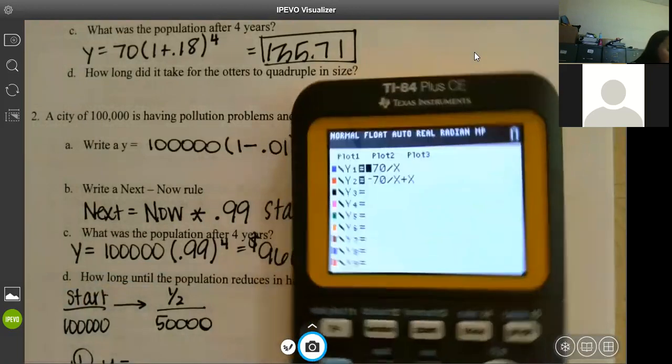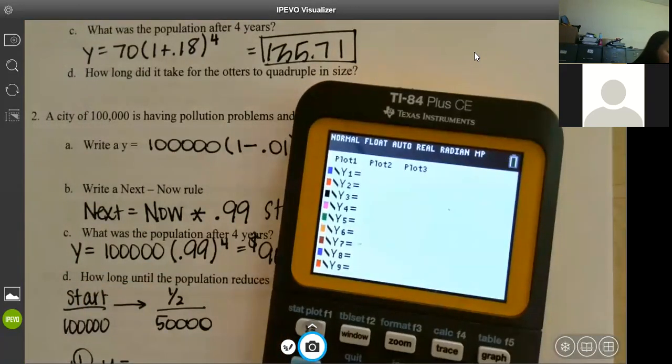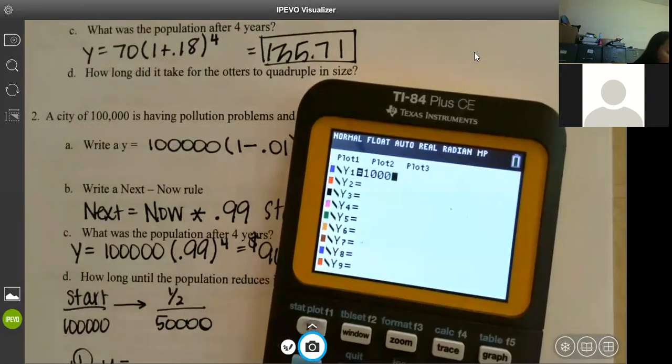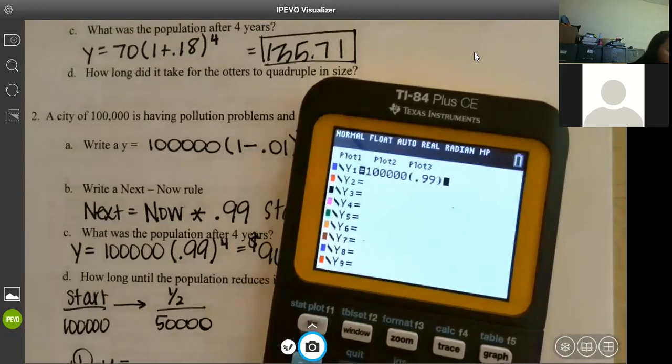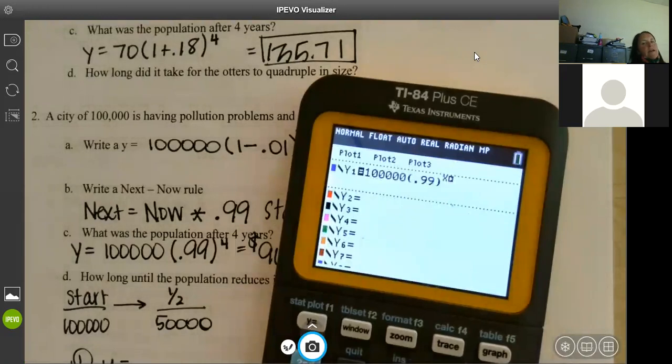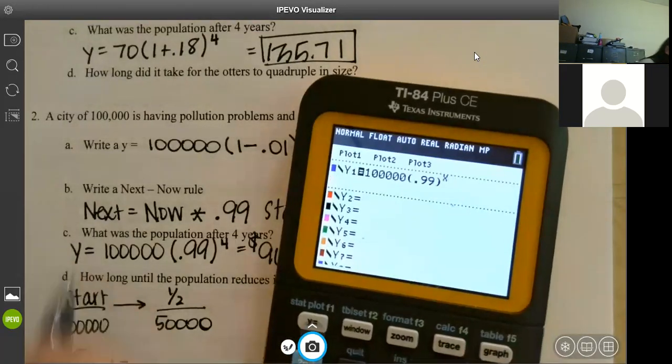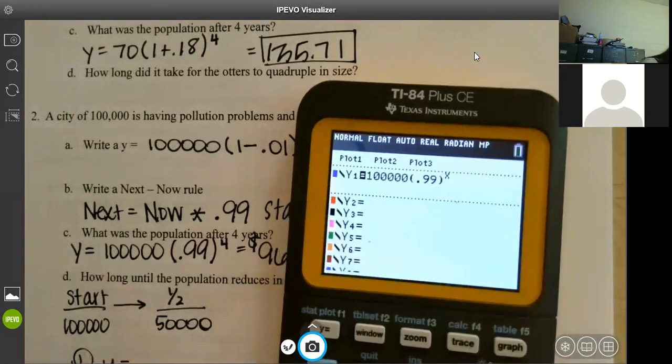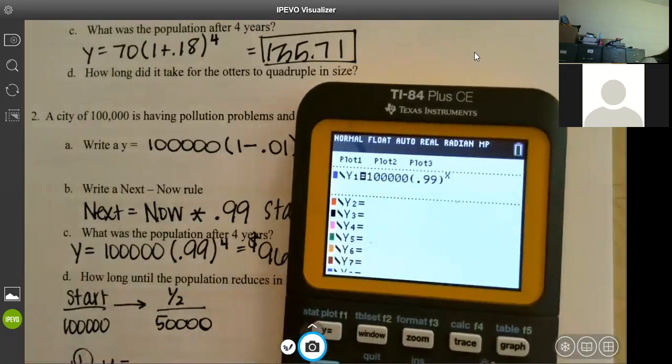So what we do, put your function into y equals. If there's anything in there, just get rid of it. So 100,000 times 0.99 to the x. Go to your table, so second graph.